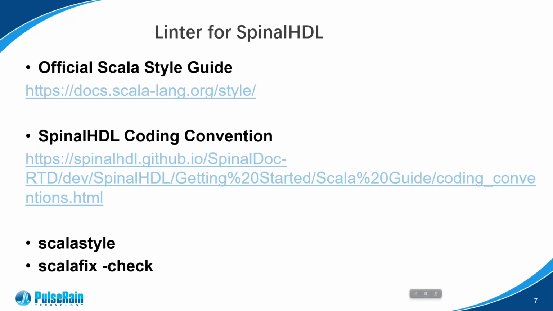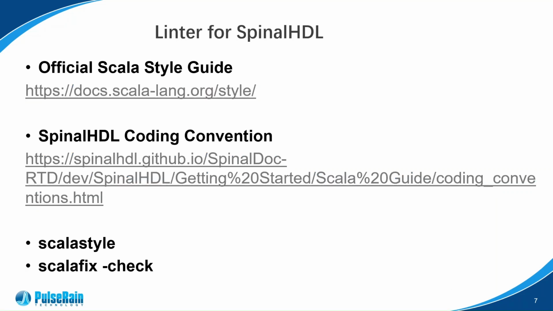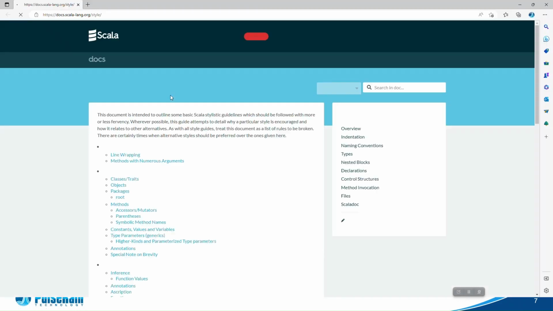Okay, now comes the focus of this episode, which is the linter and formatting, everything else for SpinalHDL. As we know, SpinalHDL is based on Scala, so its coding style is also largely based on the Scala coding style. The official Scala coding style can be found in this link.